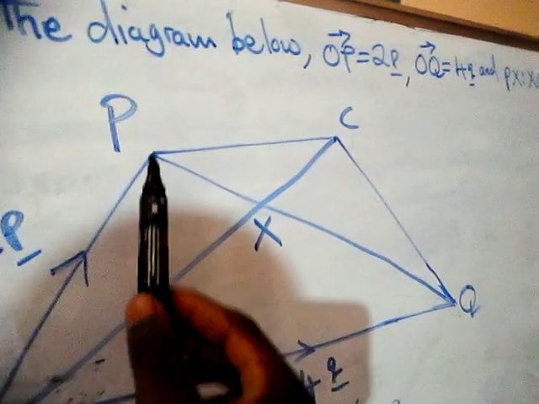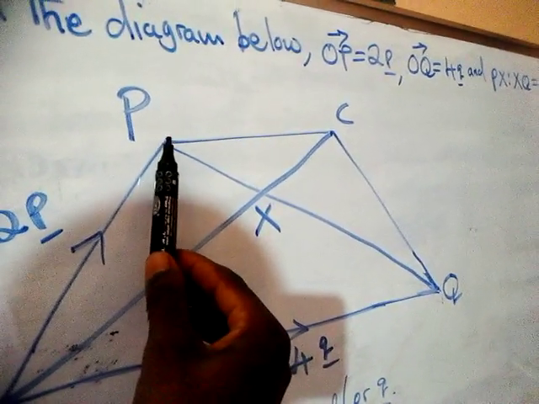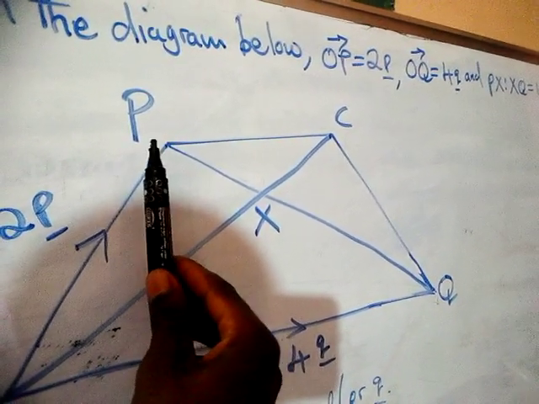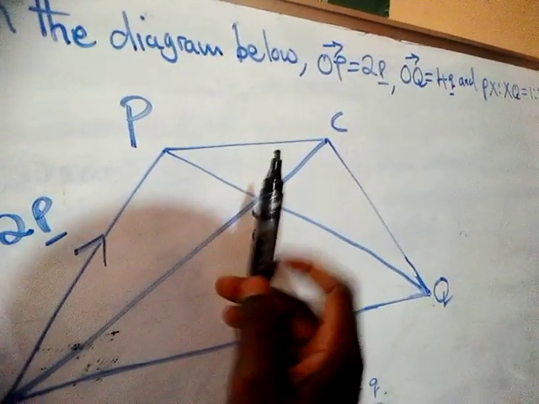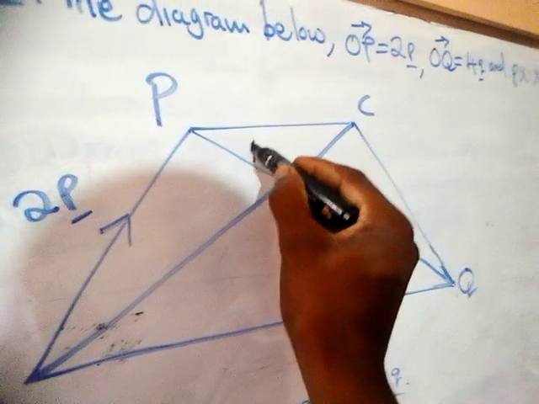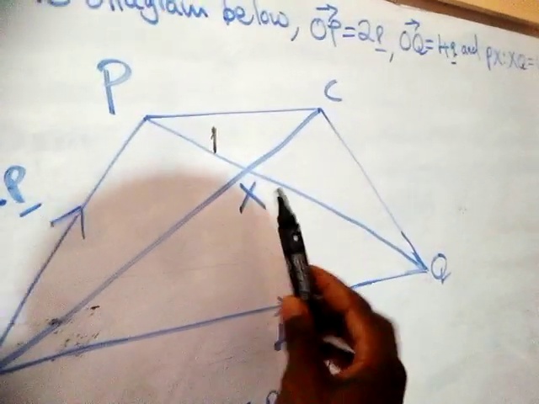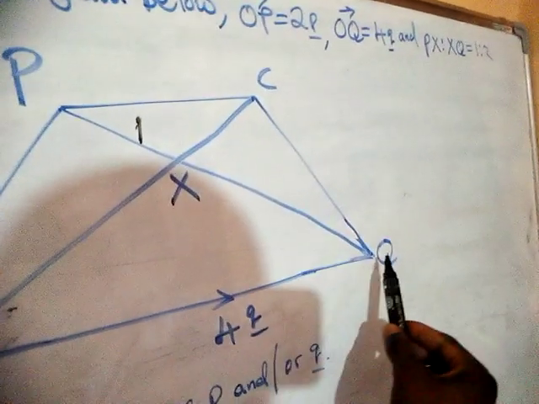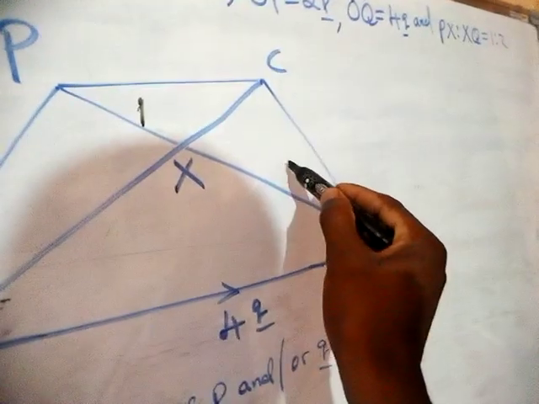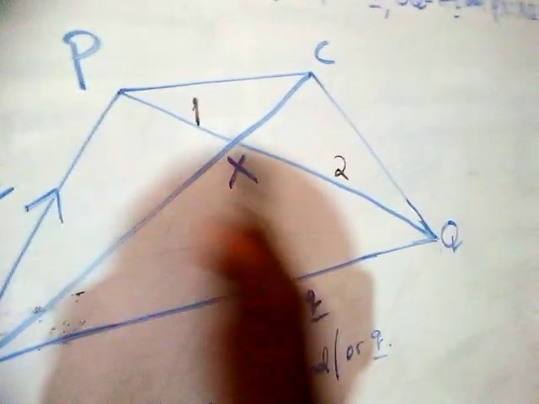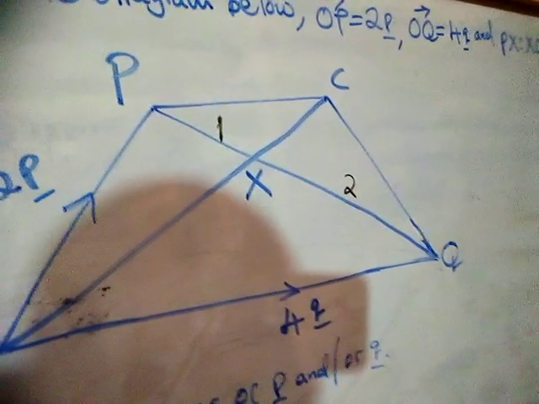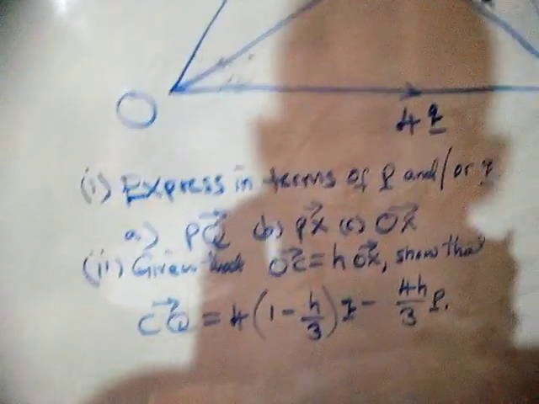So meaning the distance from P to X is 1 unit, and the distance from X to Q is 2 units. That's the idea of the entire line PQ here. Very important, right? Now let's get started and see how we answer these questions.